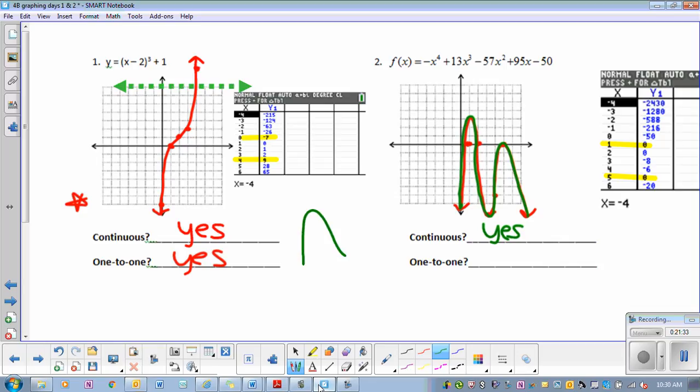Okay. So if I have a graph that looks like that, that is not continuous. Because I can start tracing, but I have to pick up my pencil to trace the rest of it.